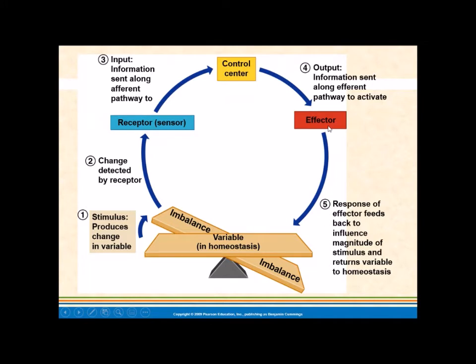In the case of a lower temperature, send it to the furnace at my house, which will kick on, increase the temperature, and as the temperature increases, that gets back into balance. And once it gets close enough into balance, the receptor picks up that change, sends a signal to the control center, which tells it to stop, which causes the effector to shut down.